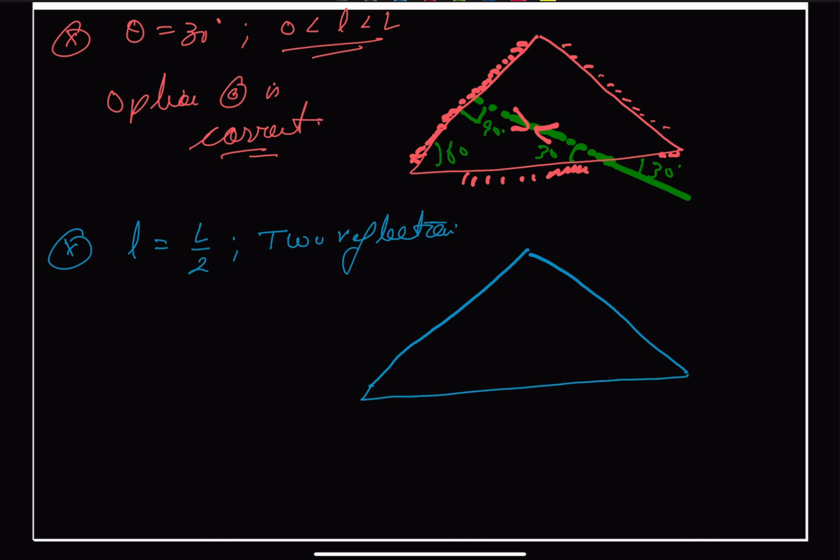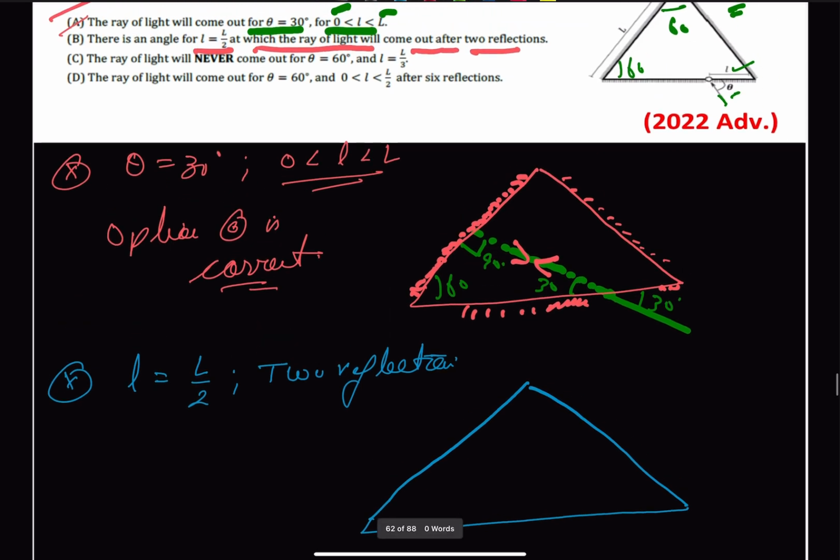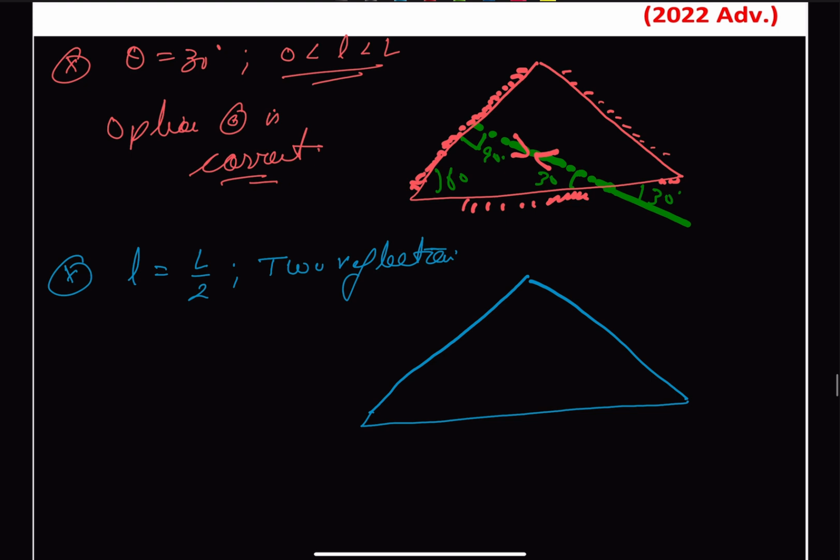And it says that there is an angle. Okay, so there is a certain angle, and you can say the hole is now at the center, and this is our L by 2, and this will also be our L by 2.